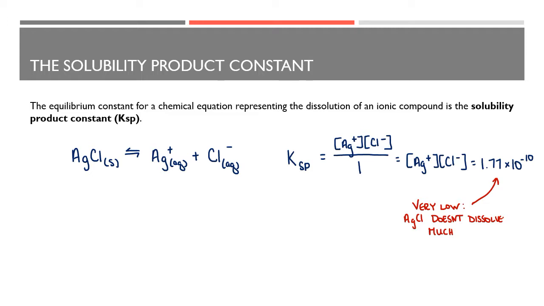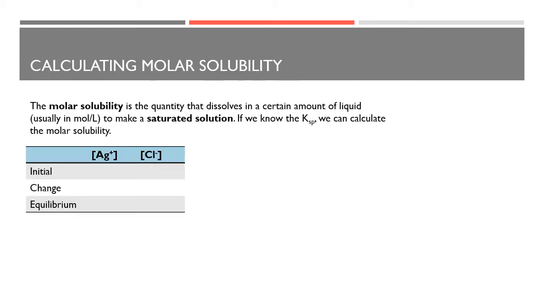So we're going to be using Ksp, or the solubility product constant, to represent varying degrees of solubility instead of just soluble or not soluble. Another definition here, molar solubility. The molar solubility is the quantity that dissolves in a certain amount of liquid, usually in moles per liter, to make a saturated solution.